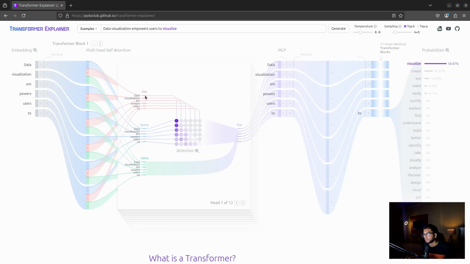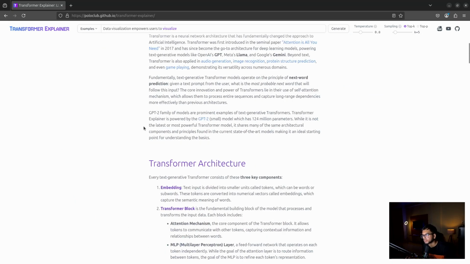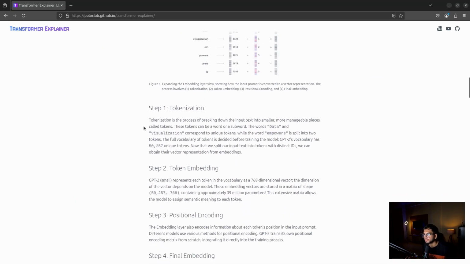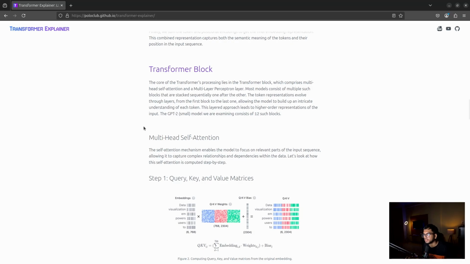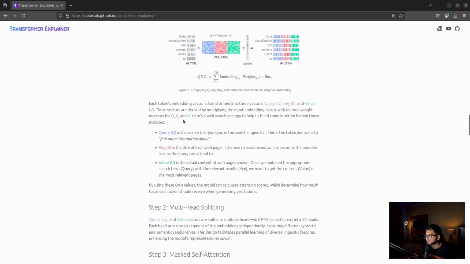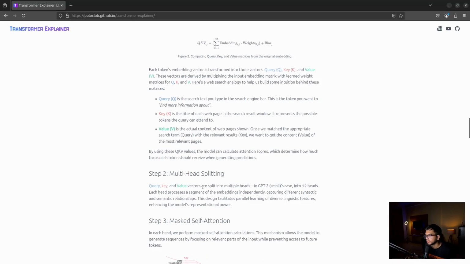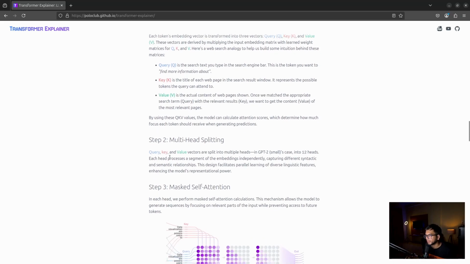here we need to multiply this key and query. So why do we need to multiply this? You can scroll down and you can see here key, query and value matrices. So here, if you see this part, step 2, multi-head splitting.